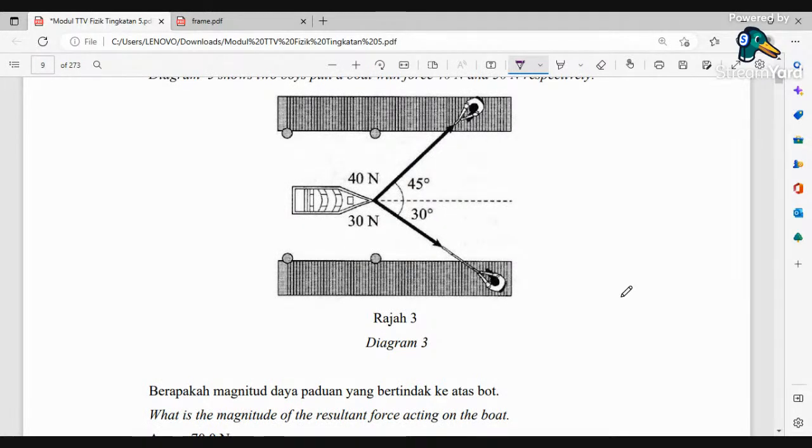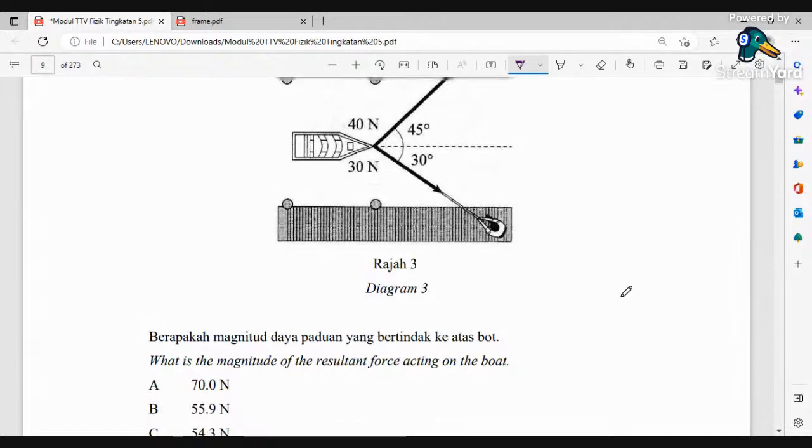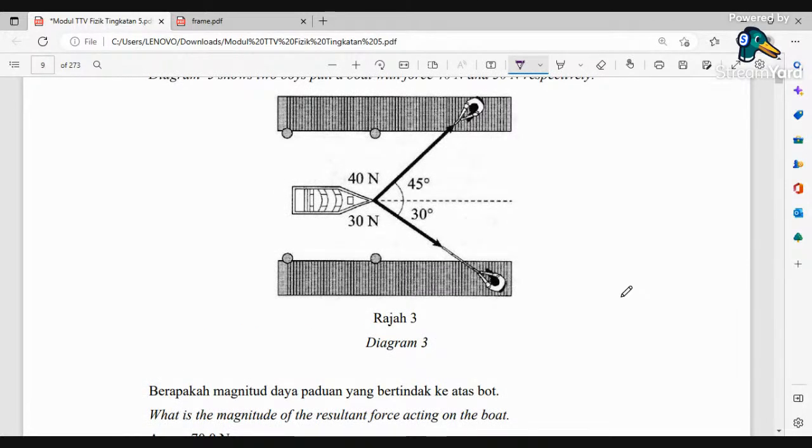You can draw a triangle. Let's say I draw a triangle of vectors for this one. I start from this point and draw the first one, which is 40 Newton. And then at the angle, like shifting, you move this one here.